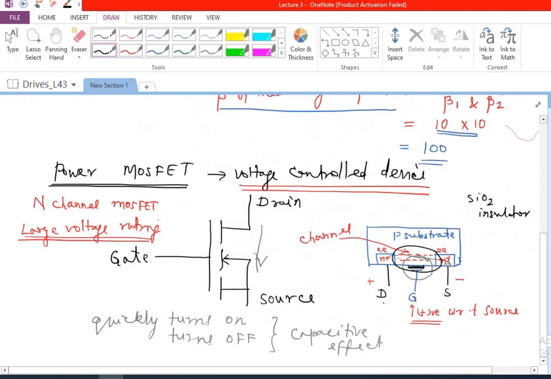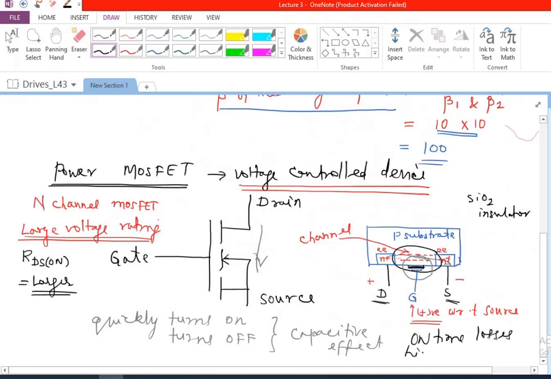If we want to increase the distance between drain and source because it has to withstand a large voltage, under such a condition, the resistance between drain and source during on condition is going to be larger for large voltage rating. So the turn on losses, so on time losses are going to be higher.